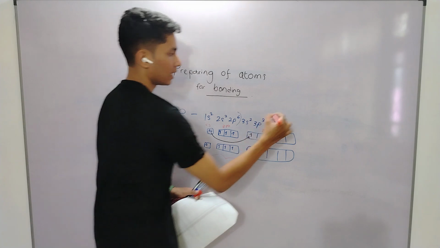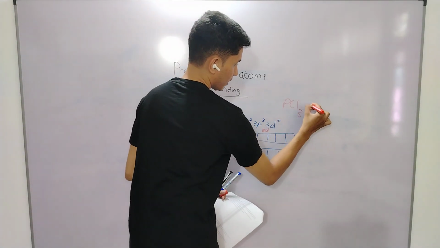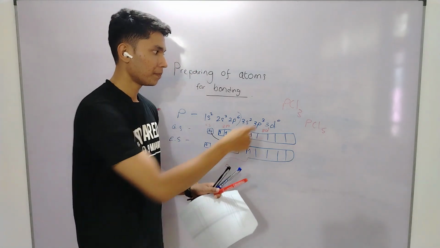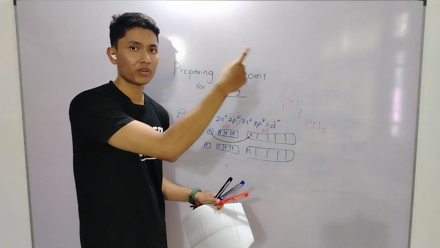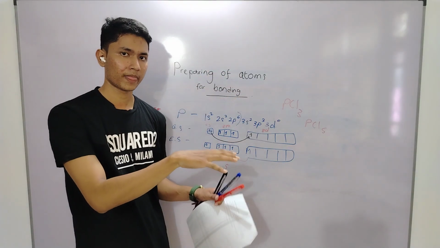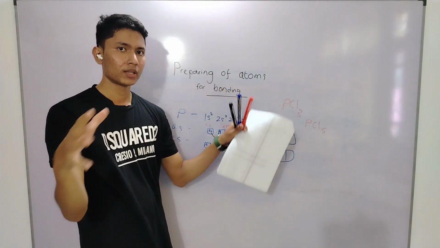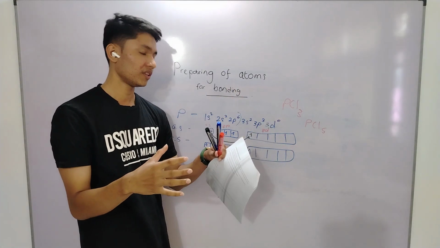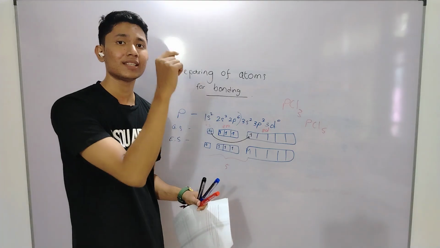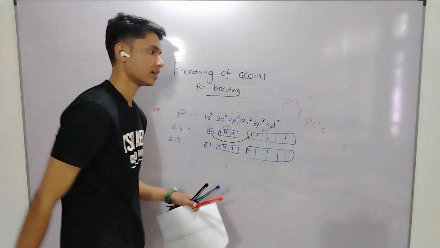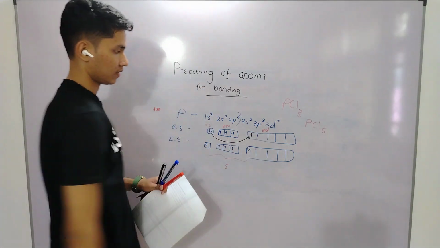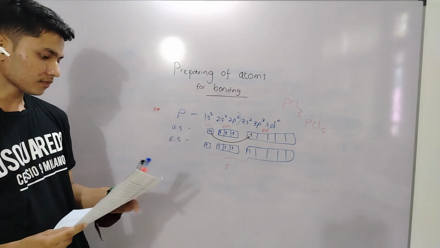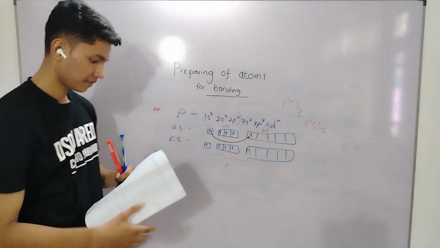That's why we have PCl3 and PCl5. In PCl3, the bonds of phosphorus are formed at ground state, with 3 chlorine atoms bonded to the phosphorus. In PCl5, it is in the excited state, so it can form 5 bonds. That's the special point for this part. There is a question on the next page, and we'll discuss that question.